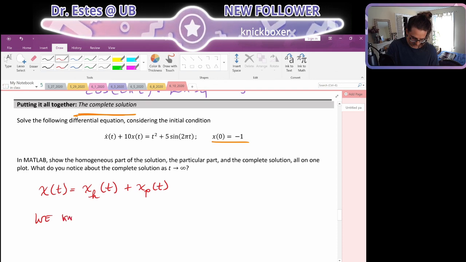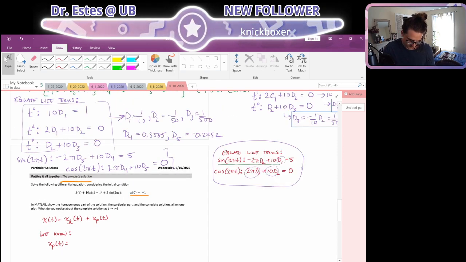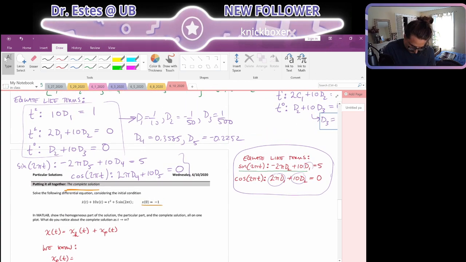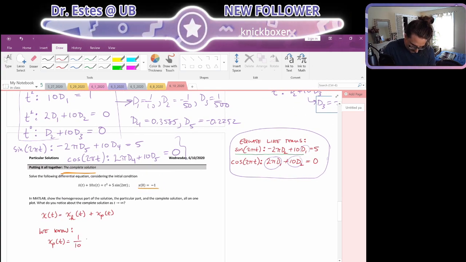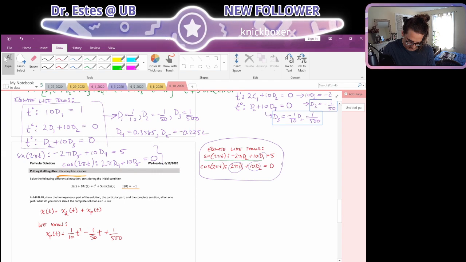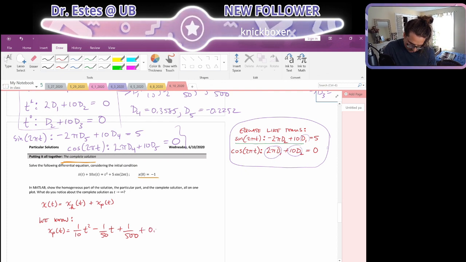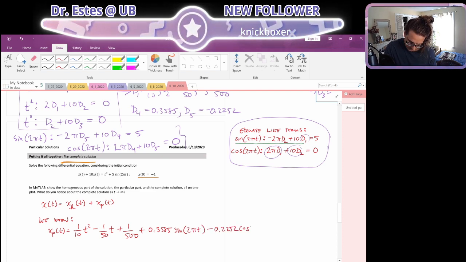And we already know the particular solution is 1/10 t squared minus 1/50 t plus 1/500 plus 0.3585 sine 2 pi t minus 0.2252 cosine 2 pi t.